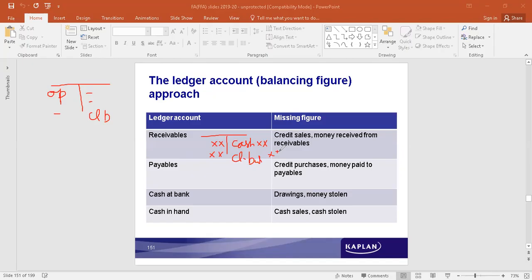Out of that, the payments that were made, drawings, payments, etc., are all credited onto the cash account. Then verify with the closing cash balance available with them. If it doesn't tally, that would become the missing figure. That is how it becomes possible to identify a particular missing figure.